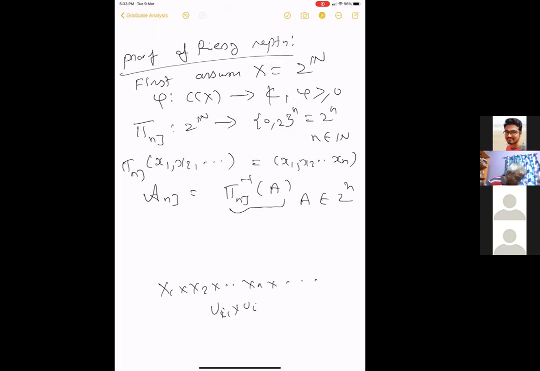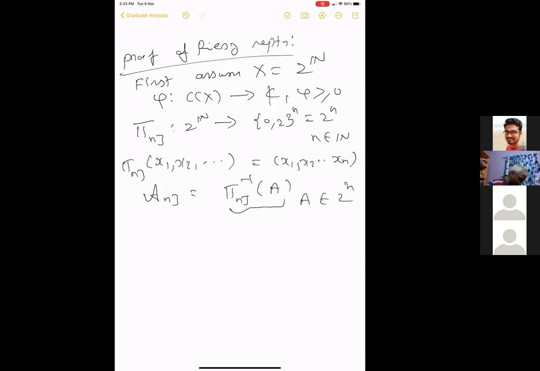That gives a base for the product topology. Base means you take those sets, take finite intersections and arbitrary unions, and that will give all open sets. So the topology on the Cantor set, which is the product topology, is given by this kind of sets.